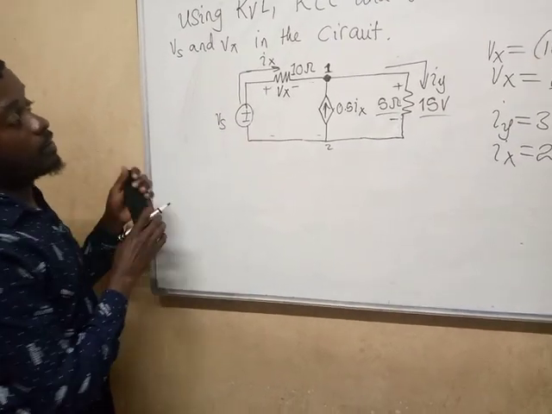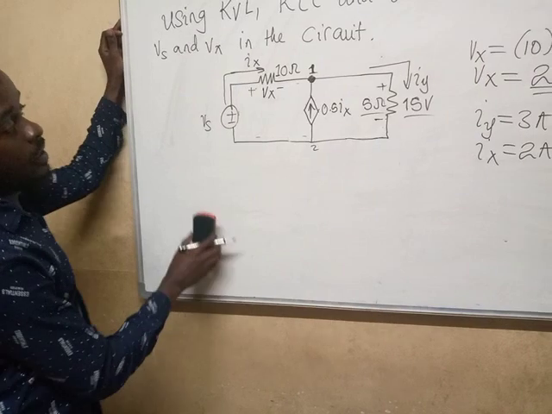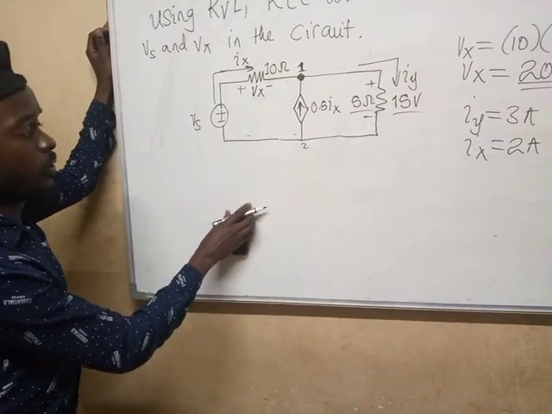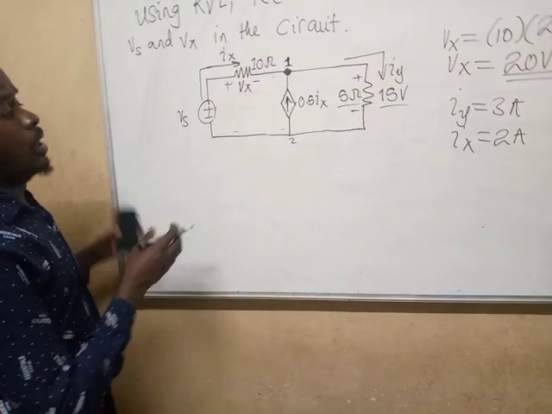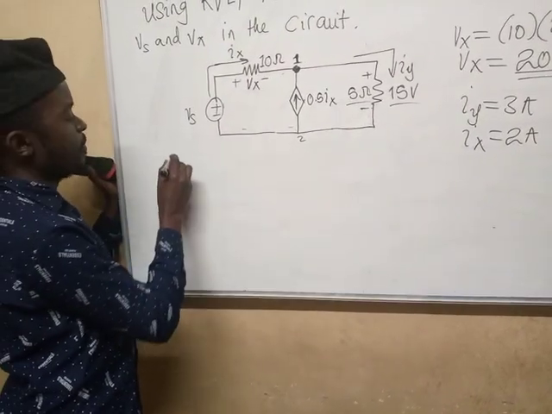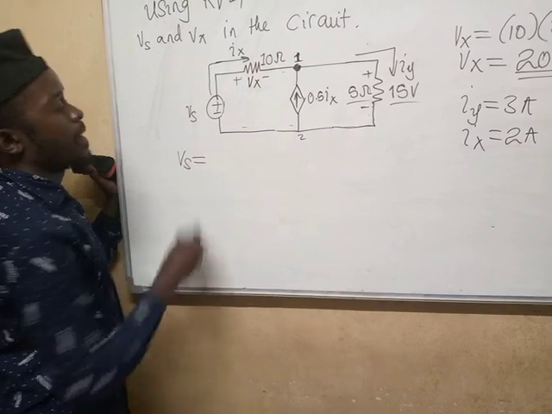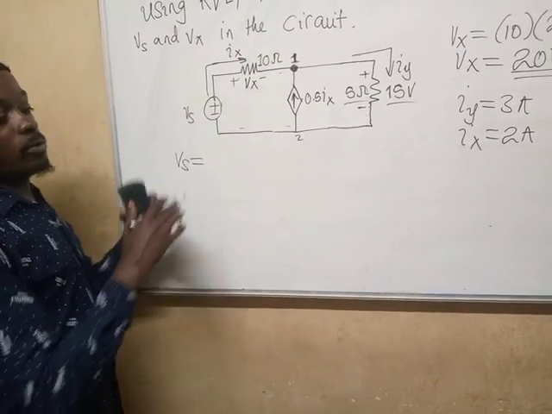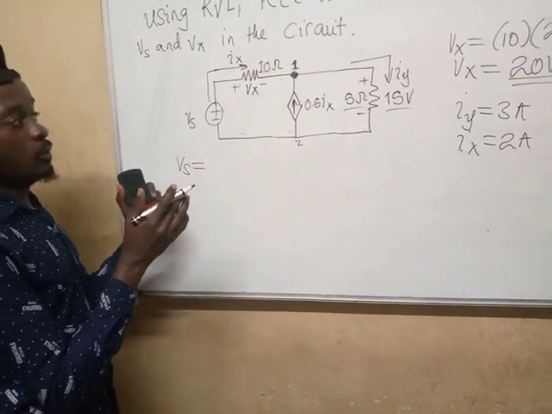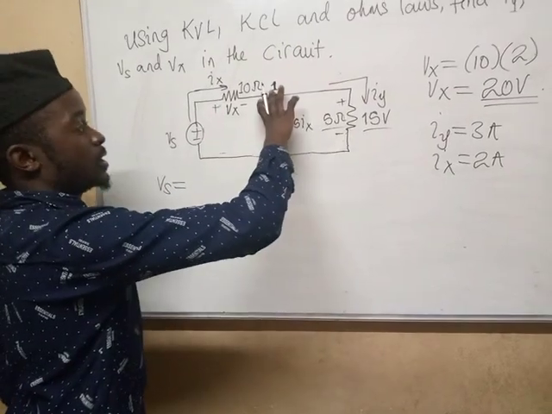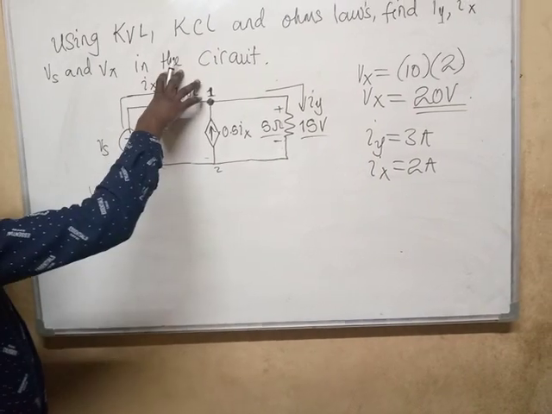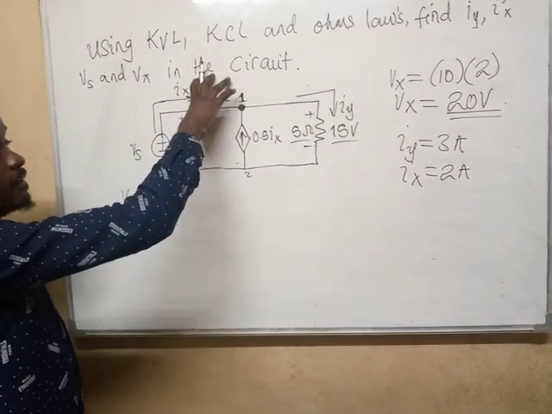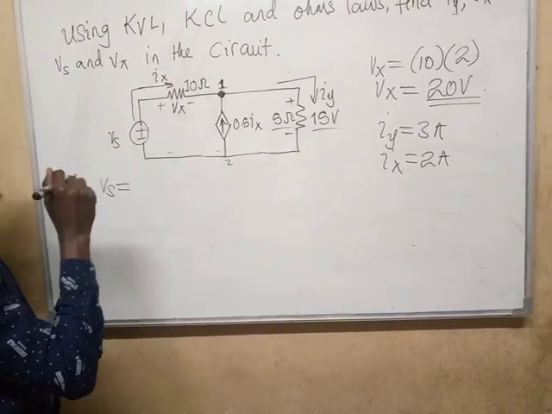Now to come up with Vs, when we talk of Vs, we are talking of the total voltage. So Vs must be equal to the summation of the voltage across this junction plus the voltage across the 10 ohms resistor, which is Vx.